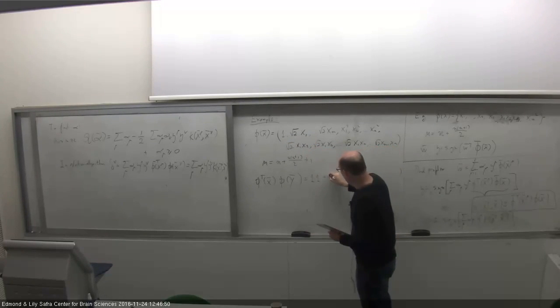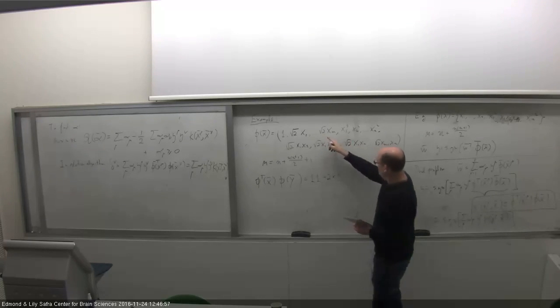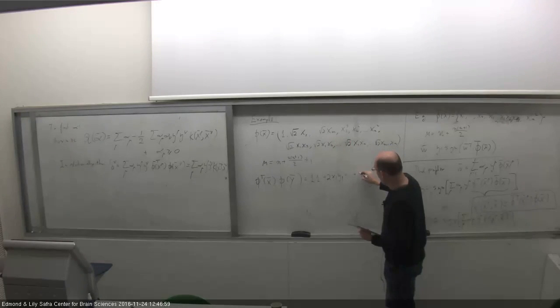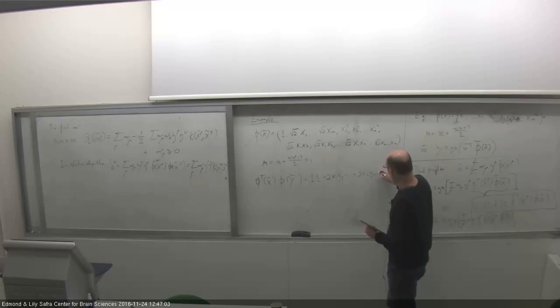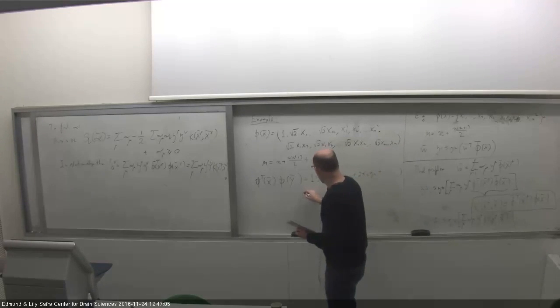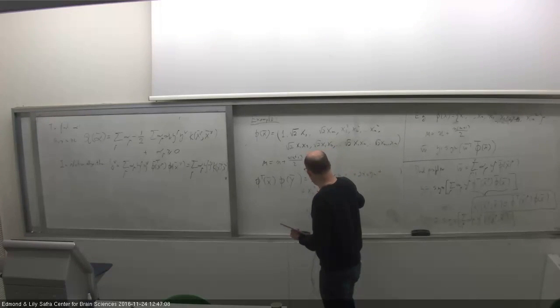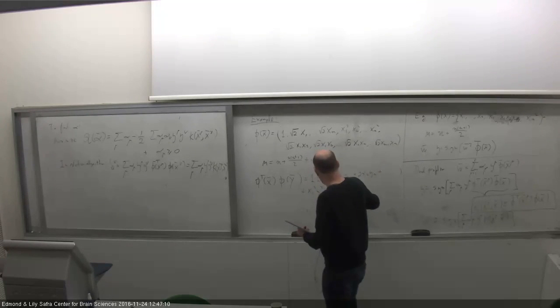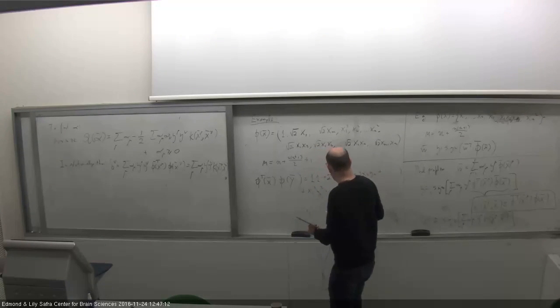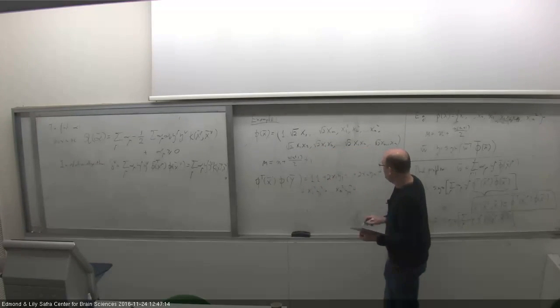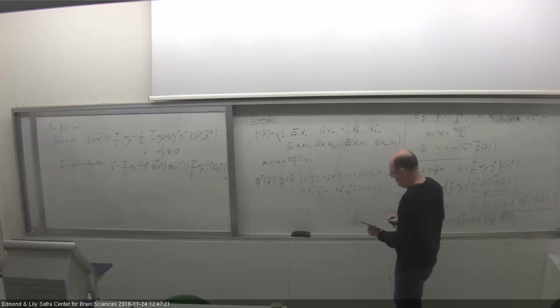So this will be 2 times x1 y1. And we'll have this up to 2 times xn yn. And now we will have x1 squared y1 squared up to xn squared yn squared. And then we will have 2 times x1, x2, y1, y2 plus all the other combinations.